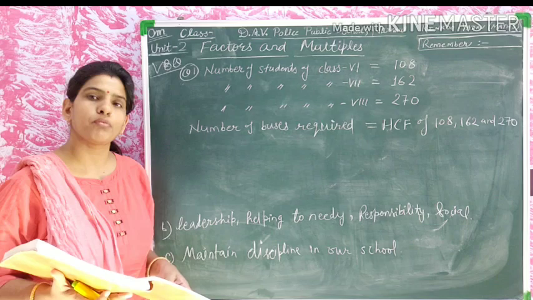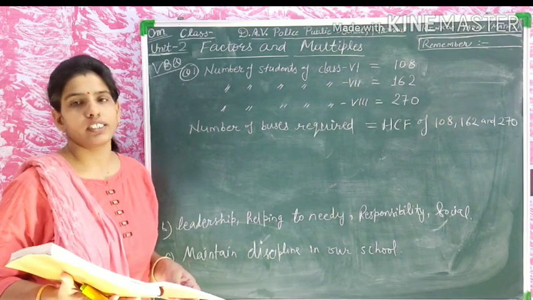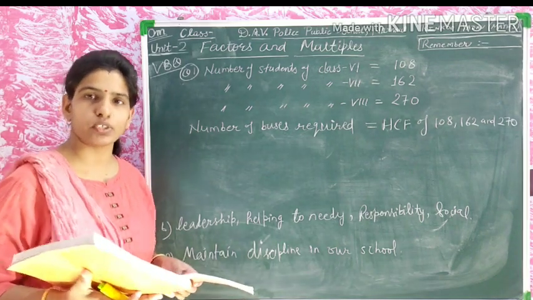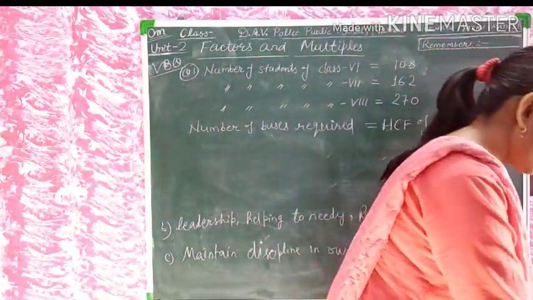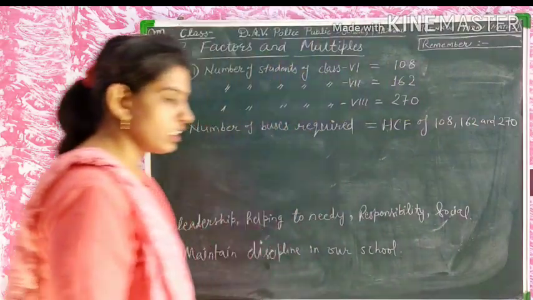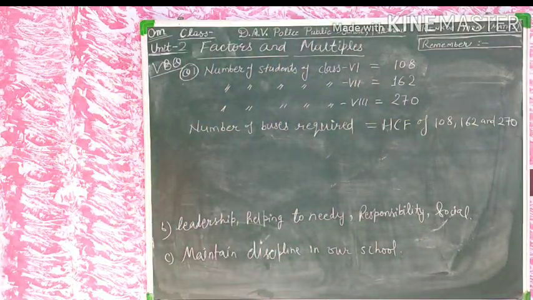So there we have to find the maximum number of students. For the maximum we have to find the highest common factor. Is this clear students? So let's see, we have to find the HCF of these three numbers, the school students.